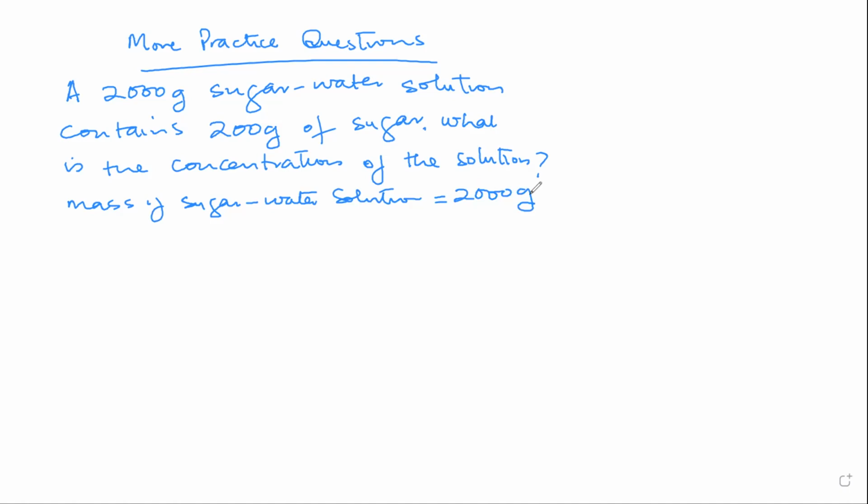Then we know the mass of sugar, that's the solute. Mass of sugar is 200 grams. What is the concentration? We do not know that.